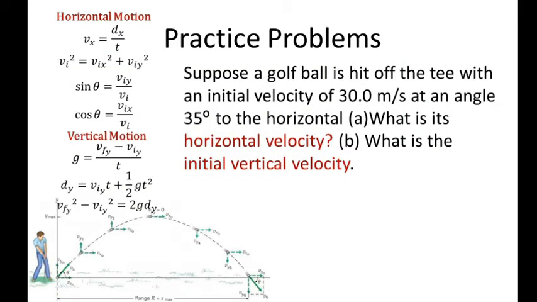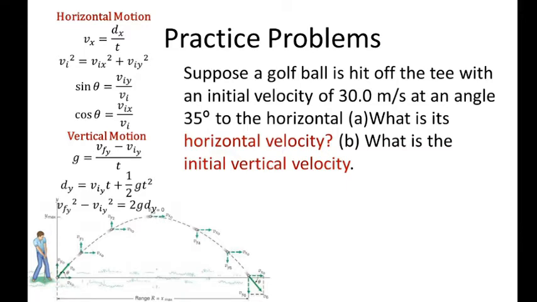So let's do some practice problems. Suppose a golf ball is hit off the tee with an initial velocity of 30 meters per second at an angle of 35 degrees to the horizontal. What is the horizontal velocity and what is the initial vertical velocity?